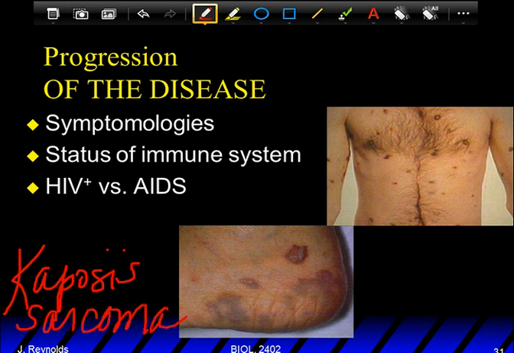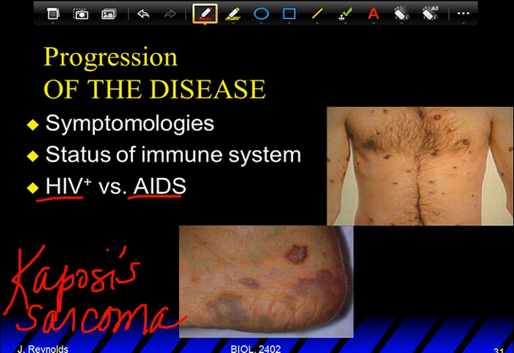It was usually only ever seen in older men of Middle Eastern ancestry, but in the 1980s it was seen in men in their 20s, 30s, 40s. It was very odd to see that in those people, and that was the first indicator that there was a new disease.